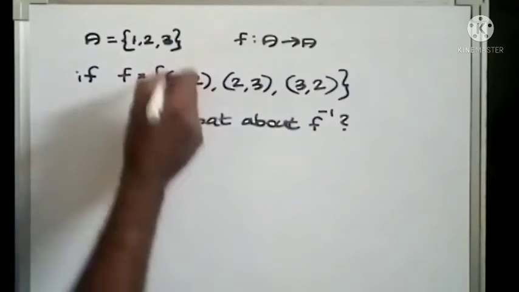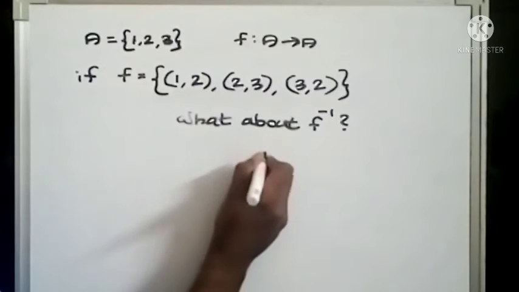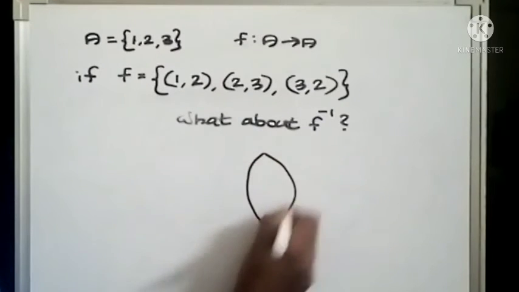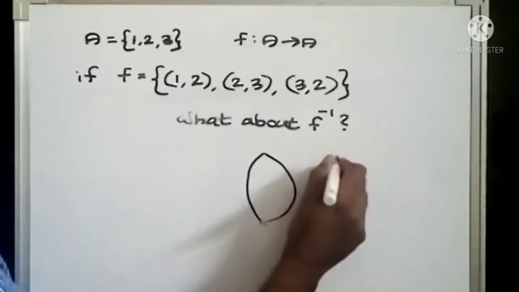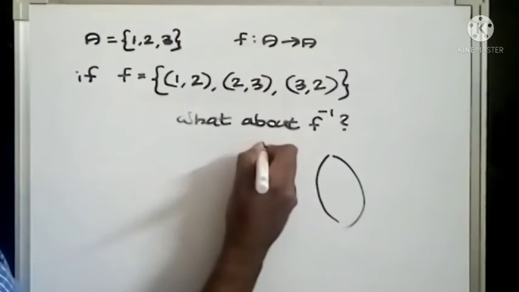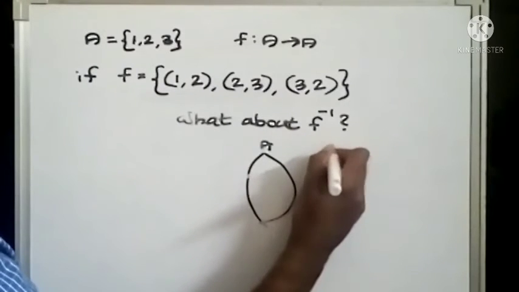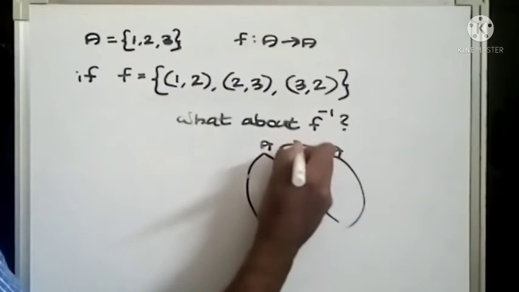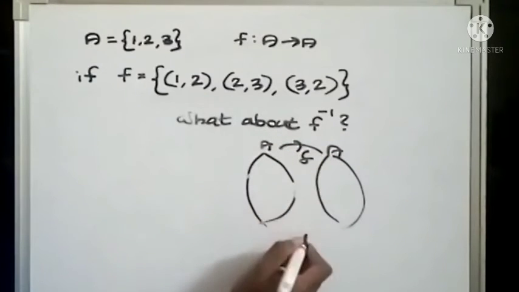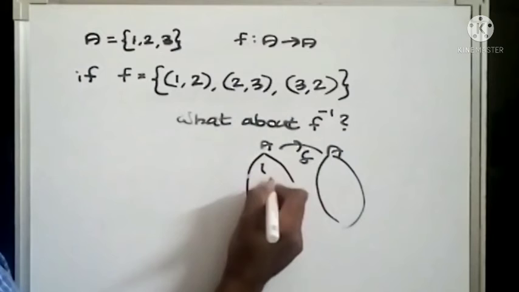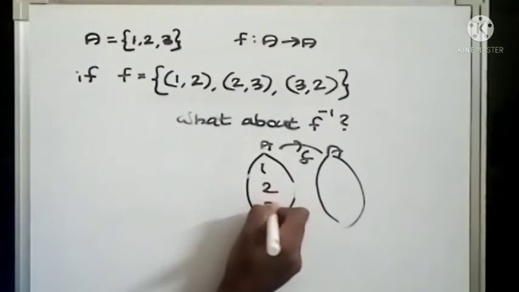Let us draw its arrow diagram. Function F is defined from the set A to the set A, and A contains the elements 1, 2 and 3.